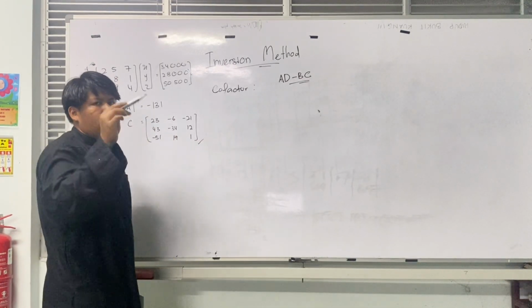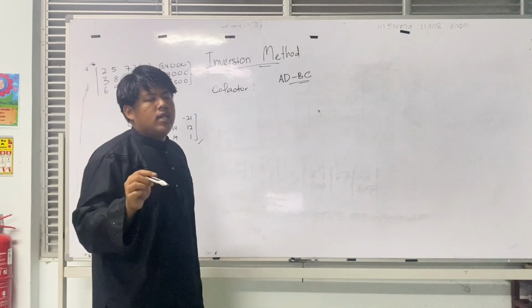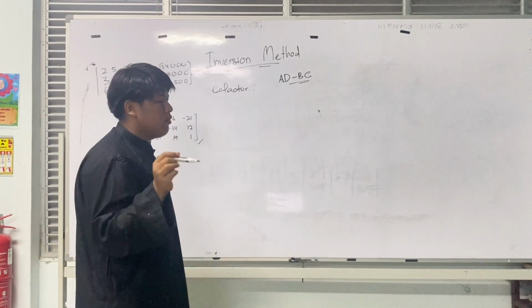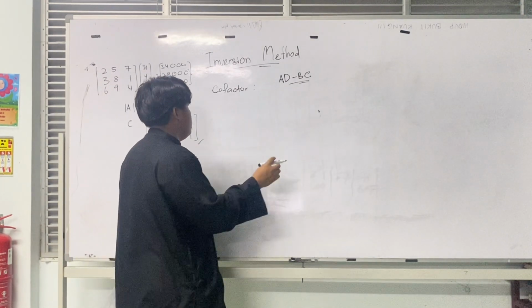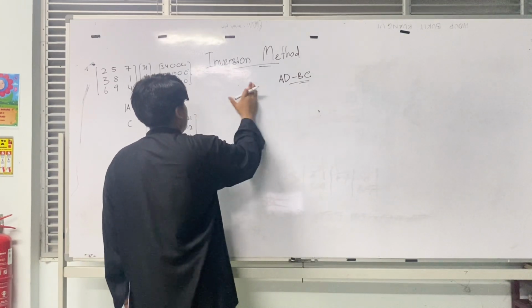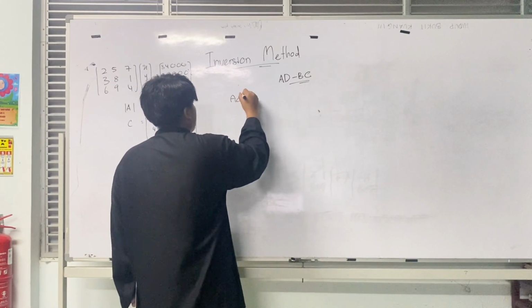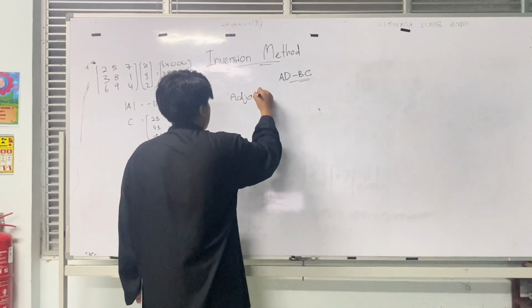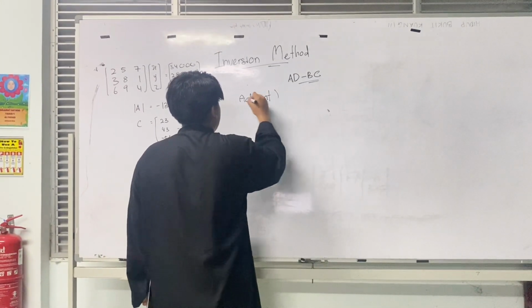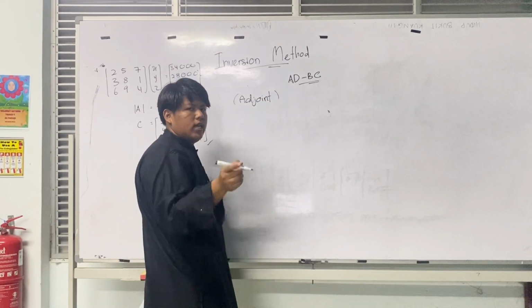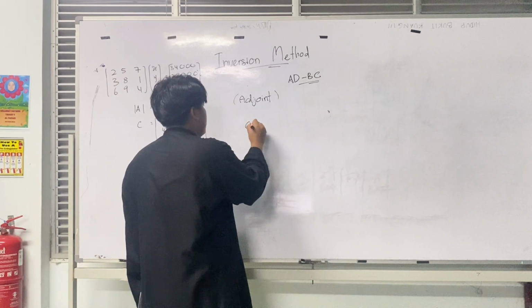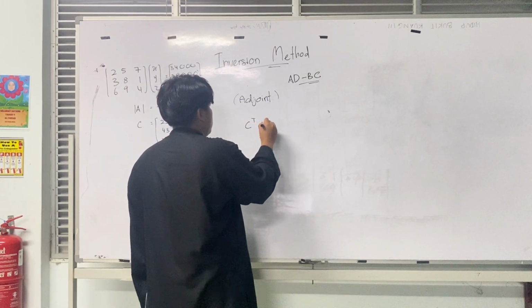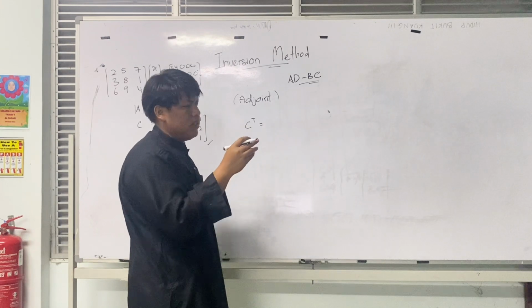And then for the next step, we must find the adjoint. So how to find the adjoint? The adjoint is the cofactor transpose.